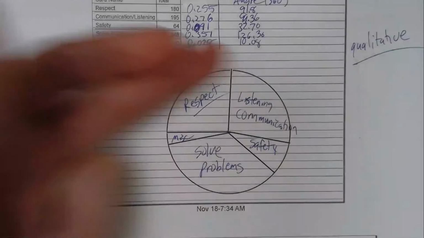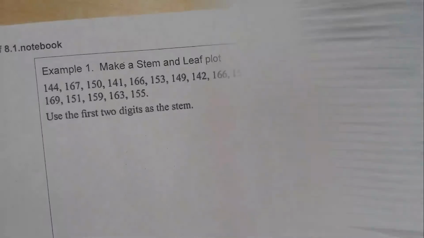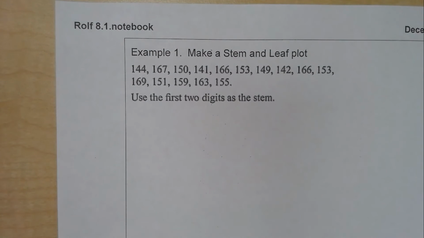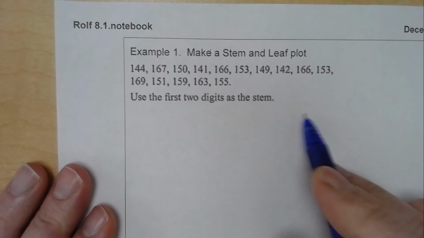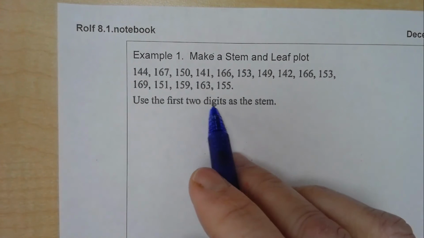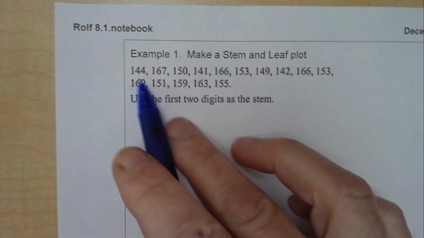Here we represented it with a pie chart. Here we can take data and represent it with what's called a stem and leaf plot. We're going to use the first two digits as the stem. So what we do is we survey over the numbers, and we see 150s, we see 140s.